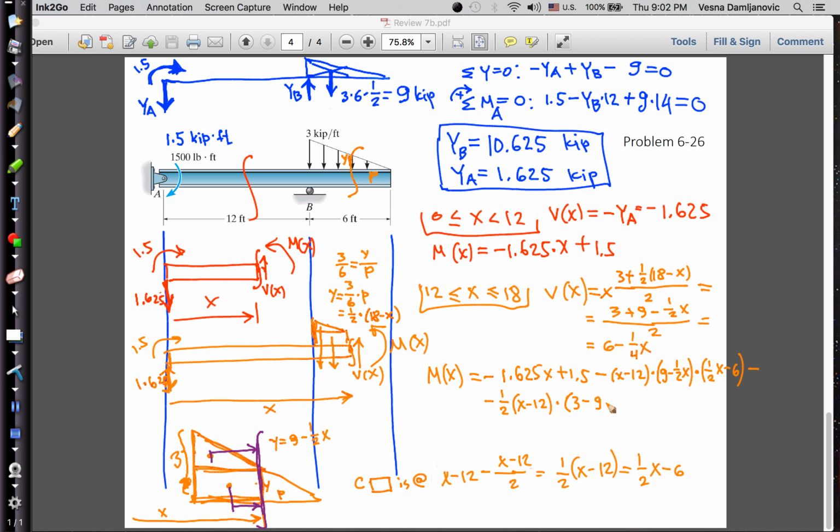So 3 minus 9 plus 1/2 of x, that's the area, and then times this distance, which is 2/3 of the length of this structure here, which is x minus 12. Just like we did here, a half for the rectangle.